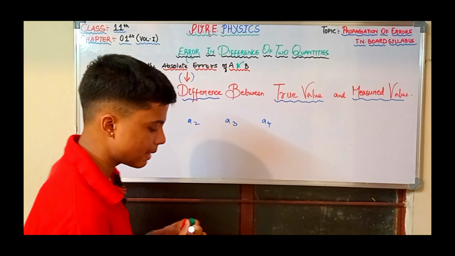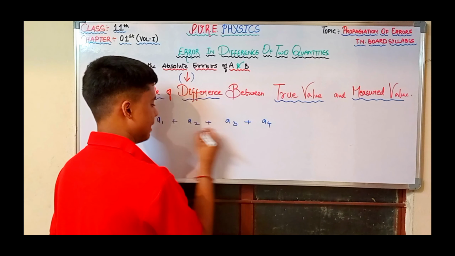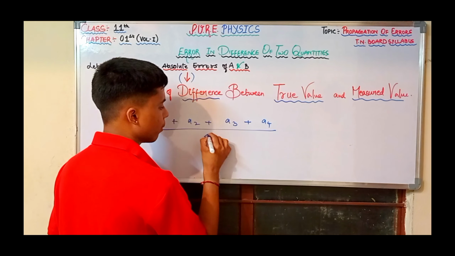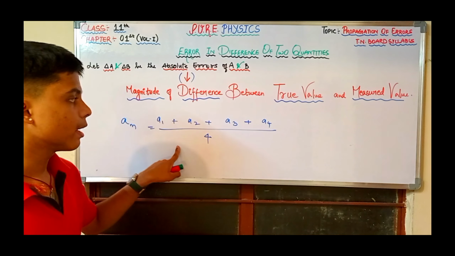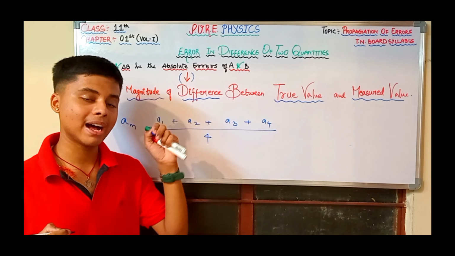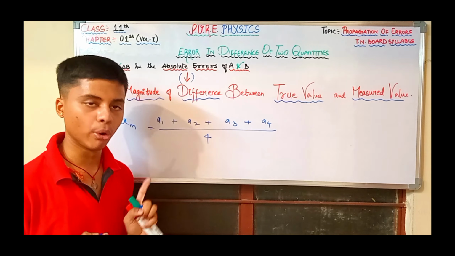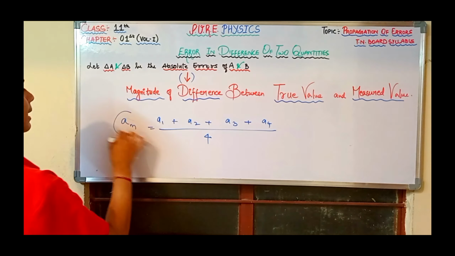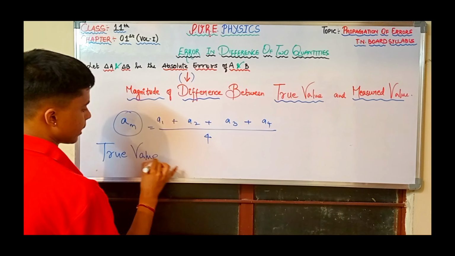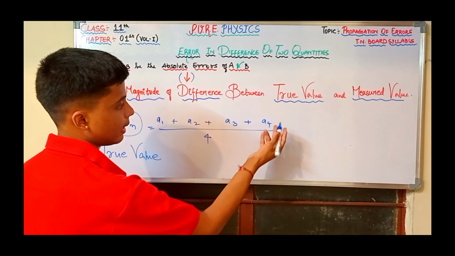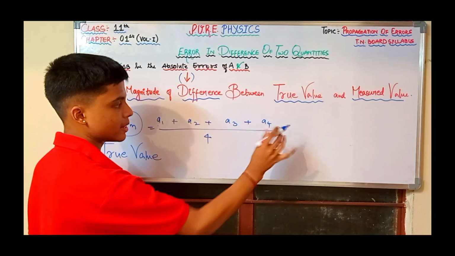If you want to find the mean of these 4 values, you add all these 4 values and then divide by 4, right? This will give you your arithmetic mean. This arithmetic mean is nothing but your true value, and A1, A2, A3, A4 are all your measured values.